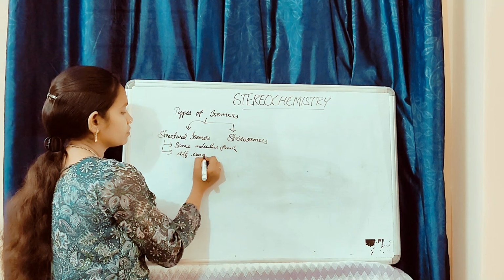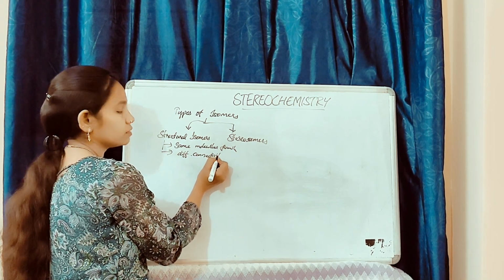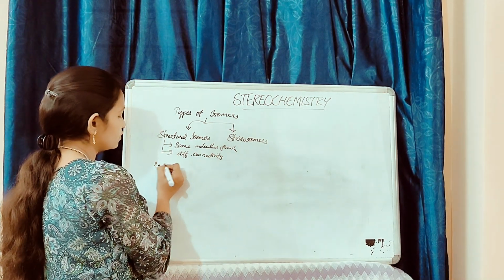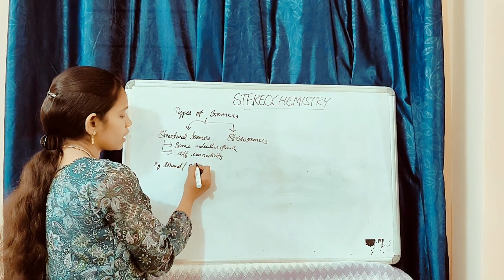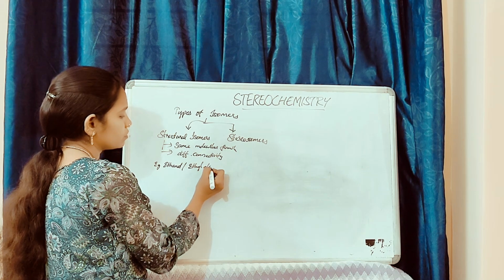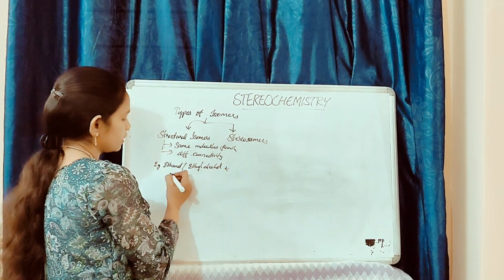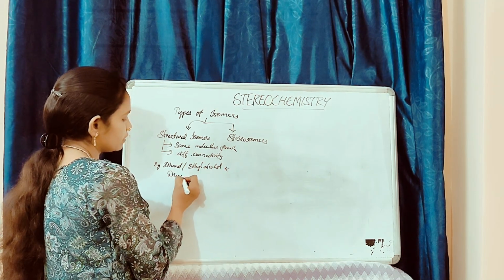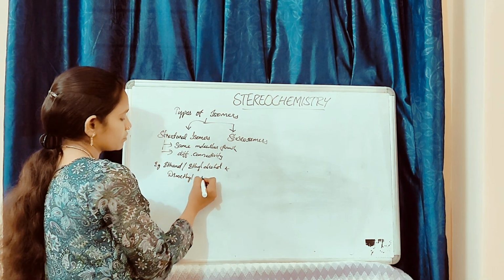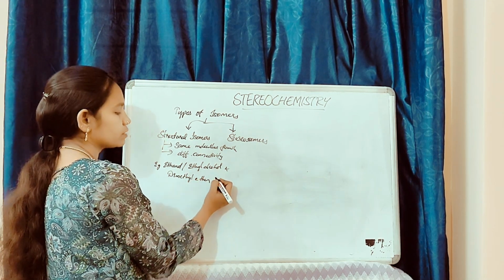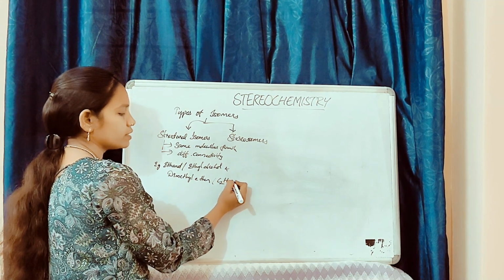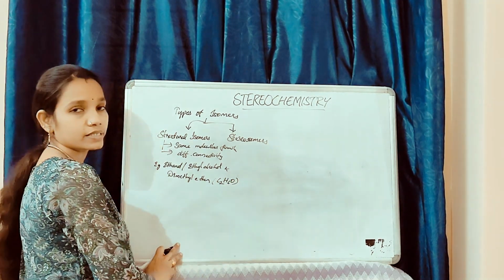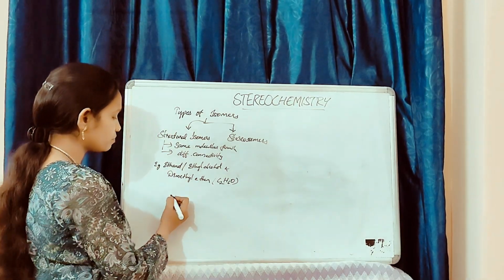Let's see how, by taking an example: ethanol, or ethyl alcohol, and dimethyl ether. Both these compounds have the molecular formula C2H6O, but their connectivity is different. Let's see in the structure form.